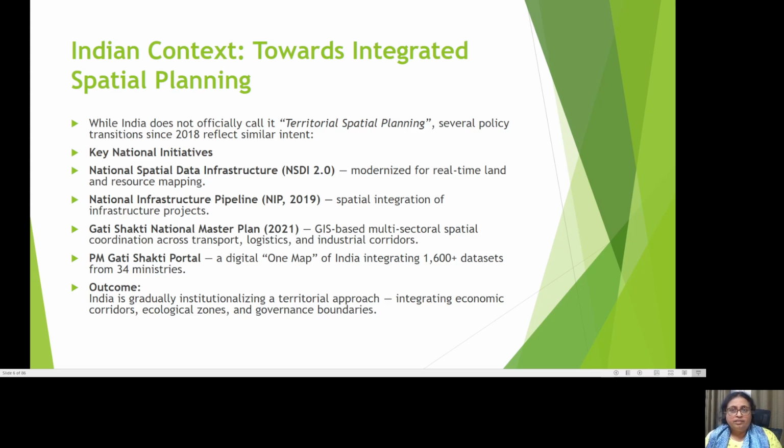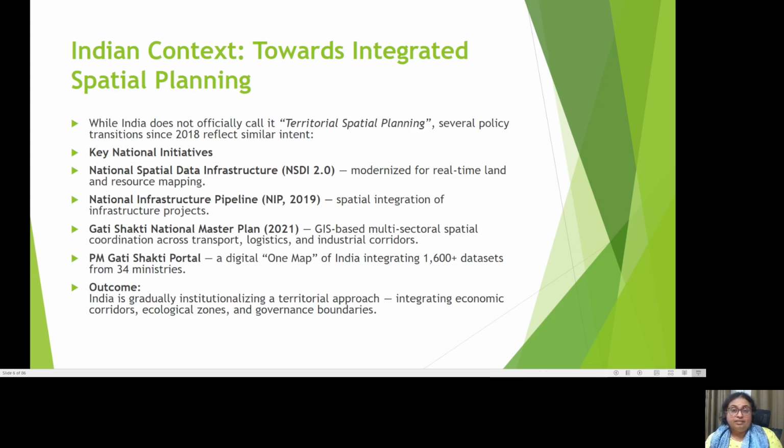In the Indian context, often it's not officially called territorial spatial planning, but several policies and transitions since 2018 reflect the same focus, same intent, similar objectives. Take for example, some of the national initiatives are National Spatial Data Infrastructure NSDI 2.0, modernized for real-time land and resource mapping, National Infrastructure Pipeline NIP 2019, spatial integration of infrastructure projects.